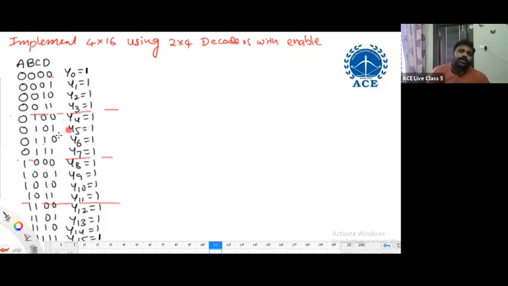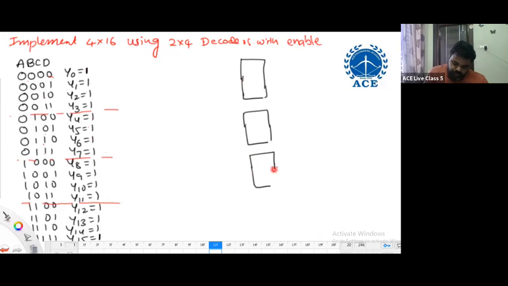So each 2 to 4 decoder in the end stage responds to which input lines? CD, and AB is common. See how it can be implemented. Here we need 4 number of 2 to 4 decoders which are responding to CD lines.